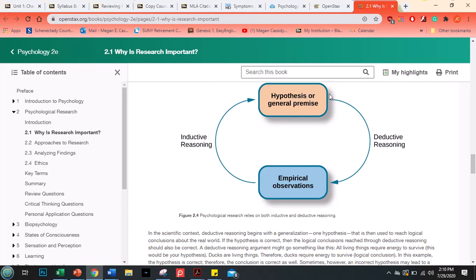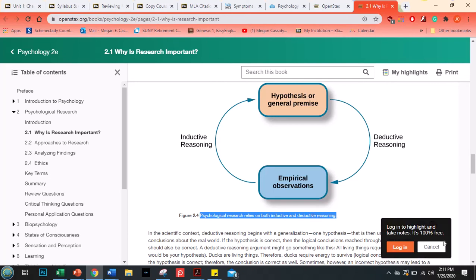Hypothesis or general premise, deductive reasoning, empirical observations, inductive reasoning, and then it kind of goes in a circle. And the figure says psychological research relies on both inductive and deductive reasoning. Well, that's pretty helpful actually to understanding that concept. And I kind of know about the scientific method already.